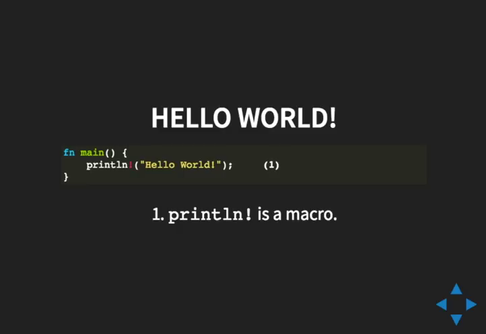Okay, so in a macro, you can actually have some kind of patterns that will generate some code at compile time. So we don't see here a complex example, but the println macro could have other parameters, and in the format string, you could specify that you want to print these parameters.